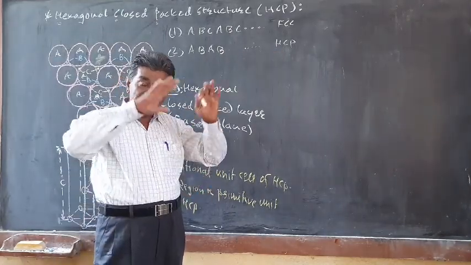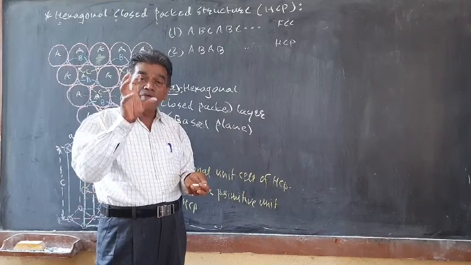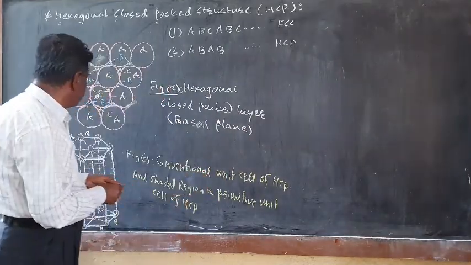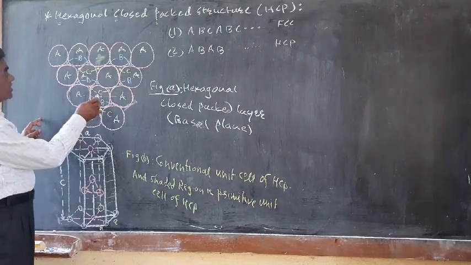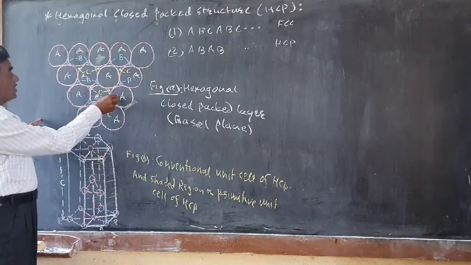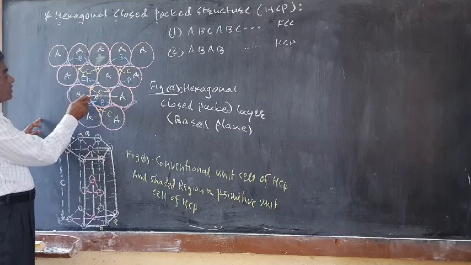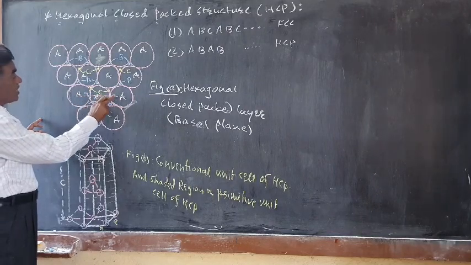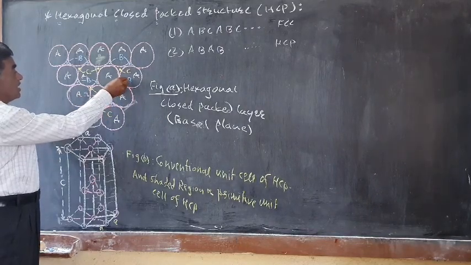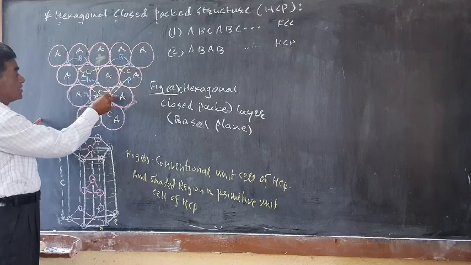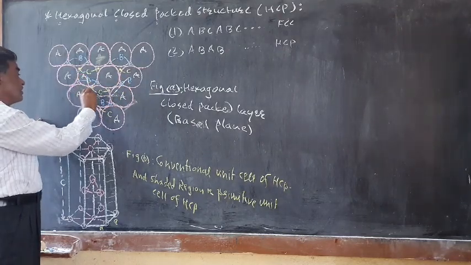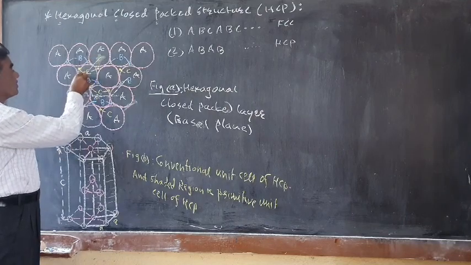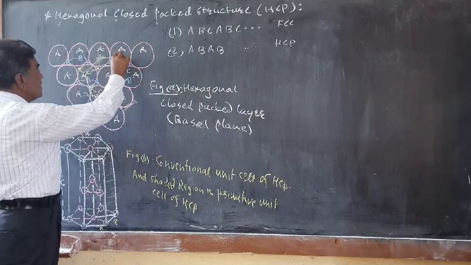In that hexagonal close packed structure, we will consider the conventional unit cell in such a way that we take one side from this to this, then this side, then this, then this, and then this.